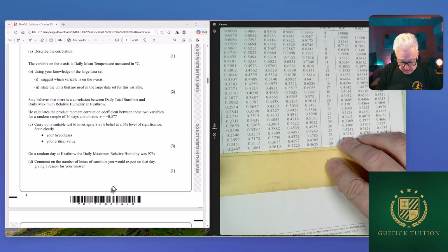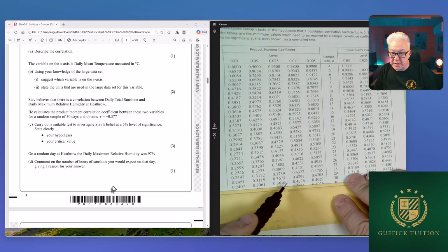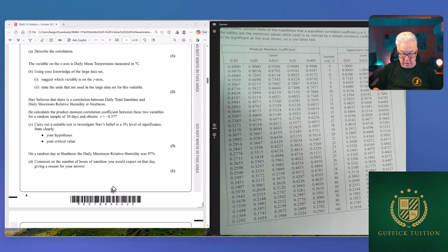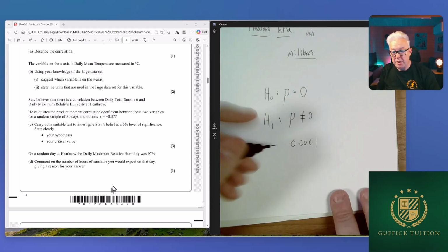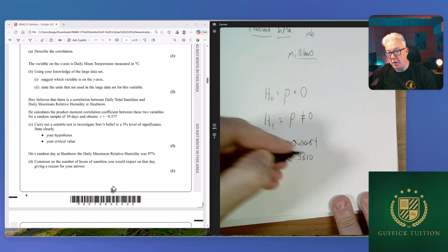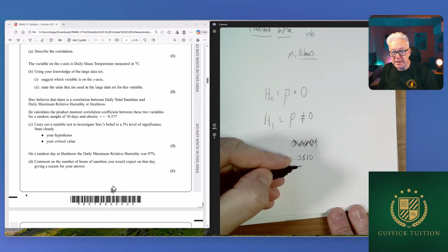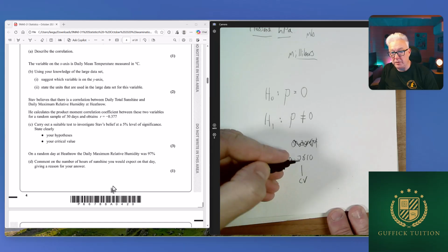I think I've inadvertently read off the 5% level. So actually, the one that I want is this one here, 0.3610. There we go. That's better. So let's write that down. I was reading the wrong column. So that's our 2.5%. So this is our critical value here.